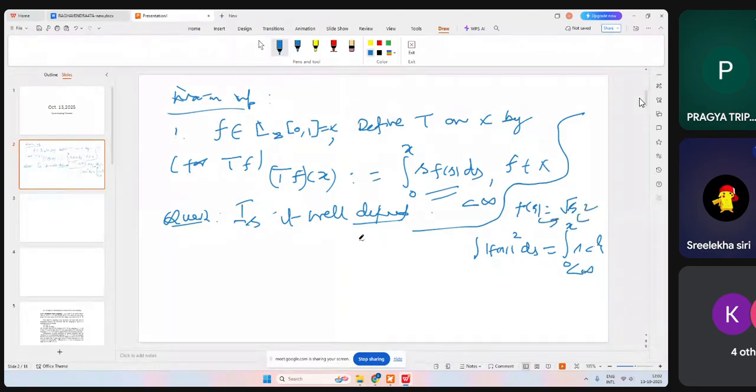So it is in L2, right? Now what about the integral from 0 to x of s times f(s), that is s by root s, ds? This is nothing but the integral from 0 to x of root s ds. Is it finite? It has to be proved, right?